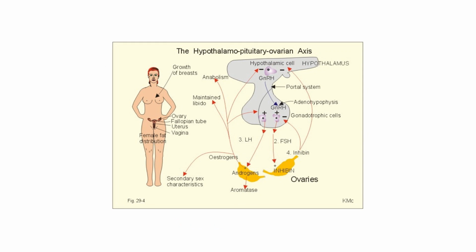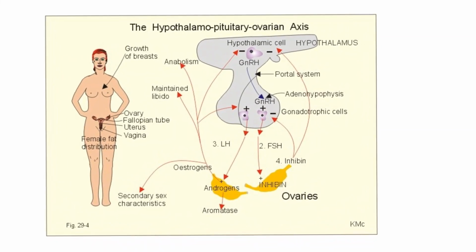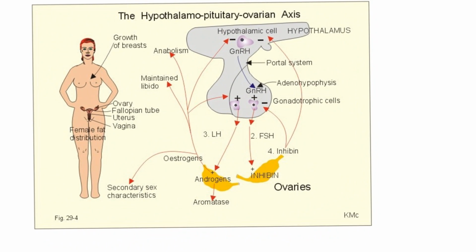Now, this diagram, although it displays a human, really refers also to our dogs, cats, horses, and whatever. It's a kind of complicated diagram, but I'll walk you through it. The hypothalamus. Hypo means lower, below. The hypothalamus is tissue in the brain that's below the thalamus.